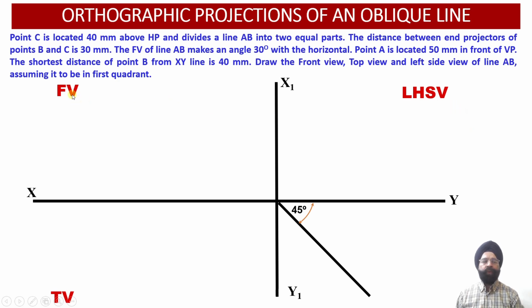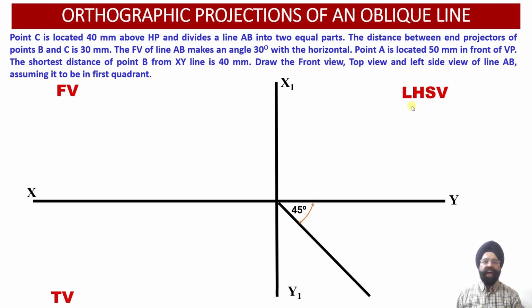The front view projections in the first quadrant will be drawn above the XY reference line. The top view projections in the first quadrant will be drawn below the XY reference line, and the left hand side view projections of the line will be drawn on the right hand side of the front view projections of this line.